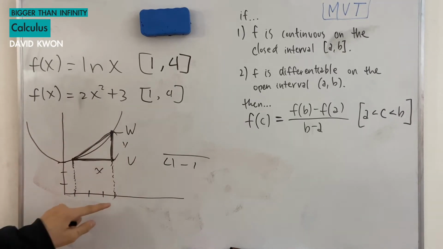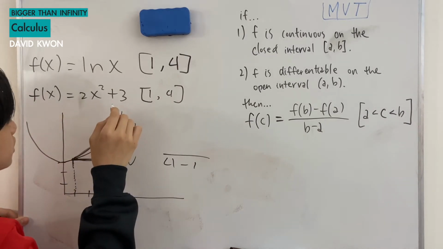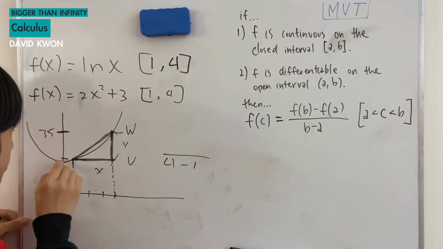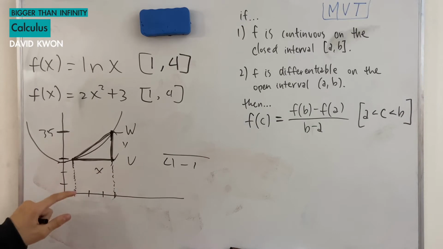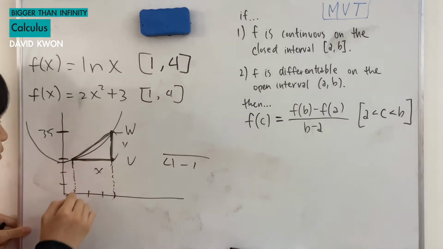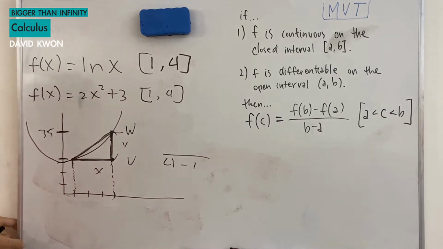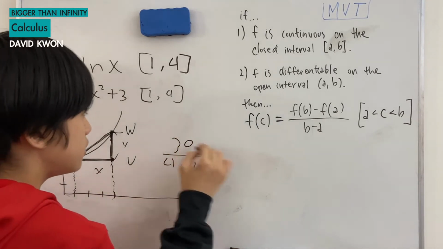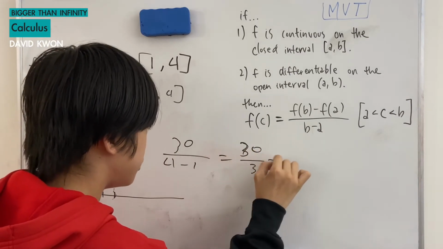When I put the 4 in, we get 32 plus 3, which is 35. At f of 1, we put 1 in there and get 2 plus 3, which is 5. Subtracting, 35 minus 5 is 30. So we get 30 over 3, which is 10.